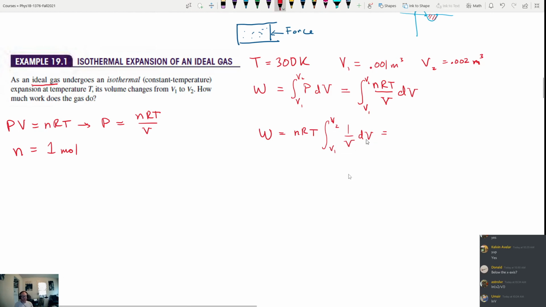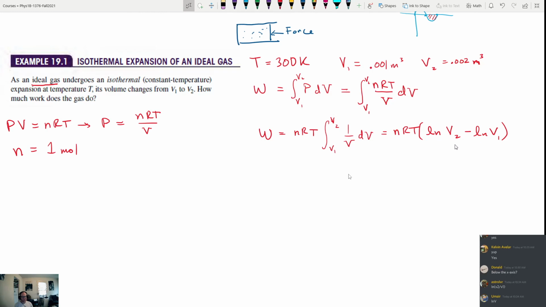Okay, so we get natural log. So we're going to have nRT natural log of... I'll do it in 2 steps just because why not? Not a lot of math today, so might as well go slow through it. We get that, and then as Astrolever mentioned, we can reduce this using the rules of logs.